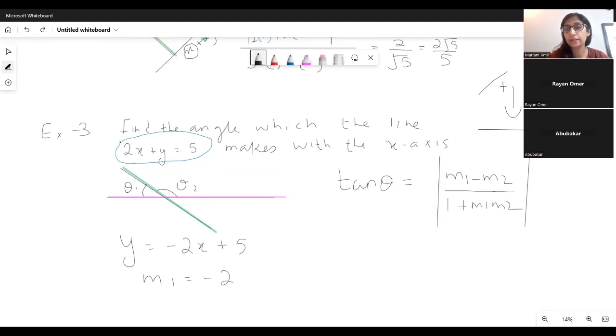And if it's a flat line like this, then its gradient will be 0. So the x-axis is a flat line. Let's call its slope m2.